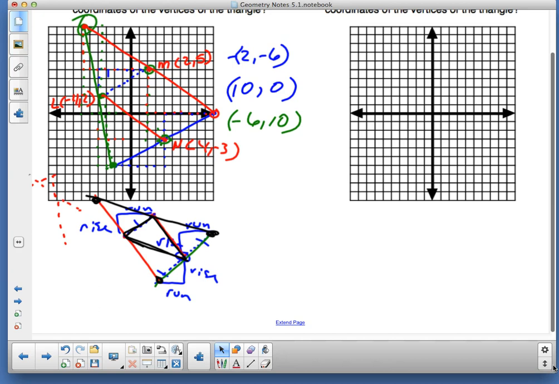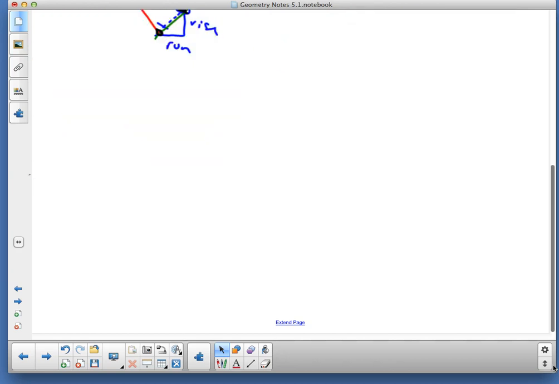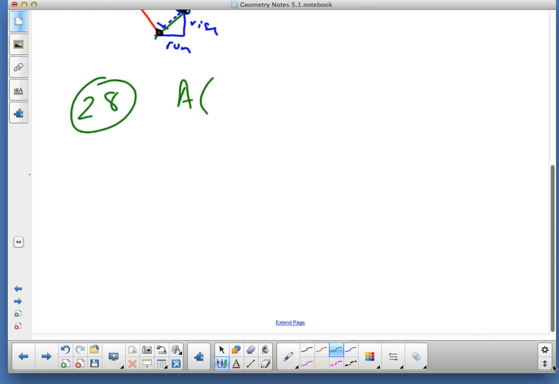So let's look at 28. You're supposed to write an equation of the line through point A (0, 3) and point B (6, 0).